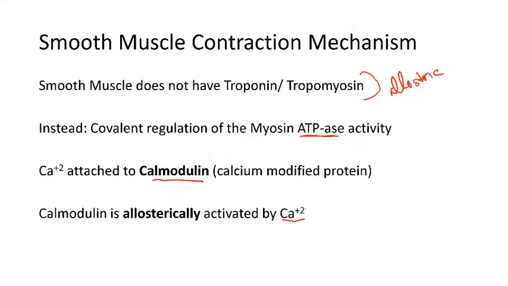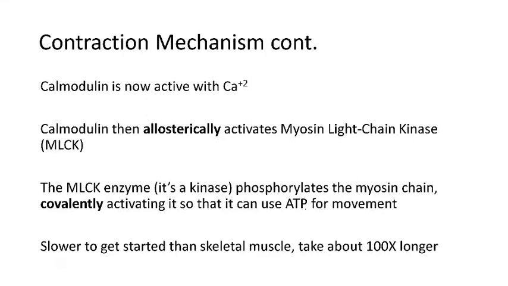So step one, allosteric. Then when calmodulin is active, it's going to allosterically activate a protein called myosin light chain kinase. And the key word here is kinase. We already know that kinases cause covalent activation.